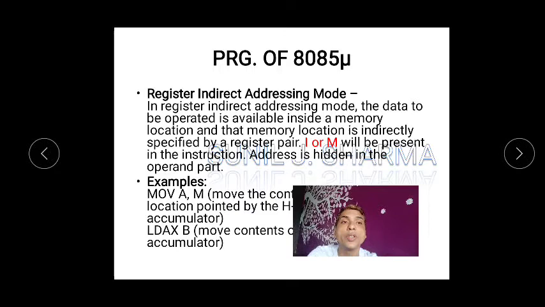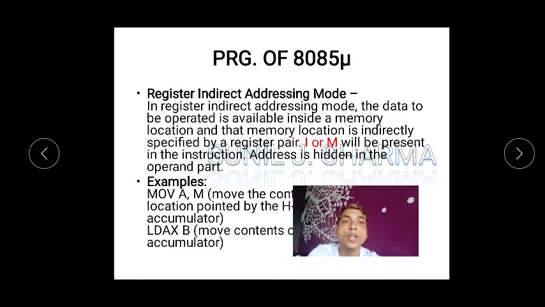Now we are going with register indirect. Remember that in any of the instructions, if you find M, I think I should not be used, only M, that becomes register indirect. In register indirect addressing mode, the data to be operated on is available inside a memory location, and that memory location is indirectly specified by the register pair.